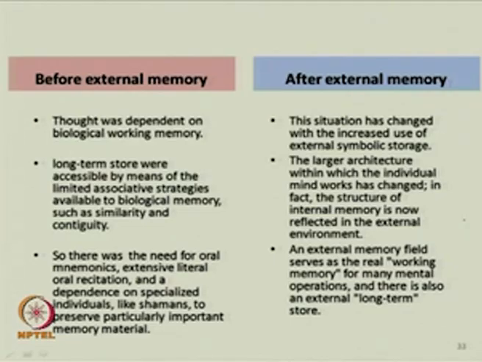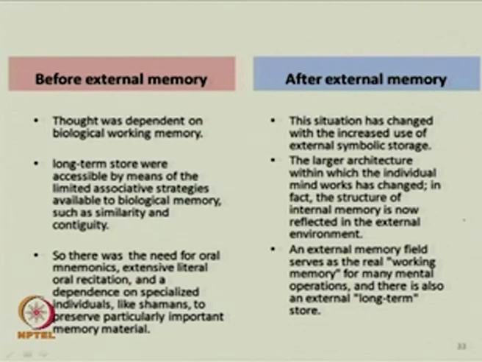And before external memory, finally, there was a need for oral mnemonics, and for us to adopt different strategies, different shortcuts, because we are retaining things in our own memory, right? So there was also the need for specialized people like shamans, for instance, who had the task of preserving memory material.